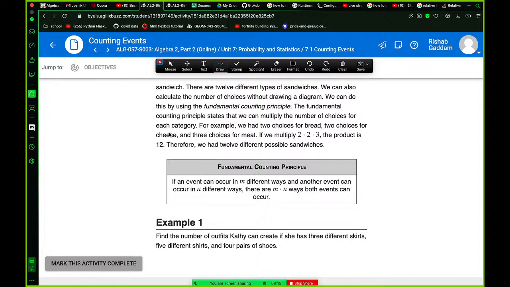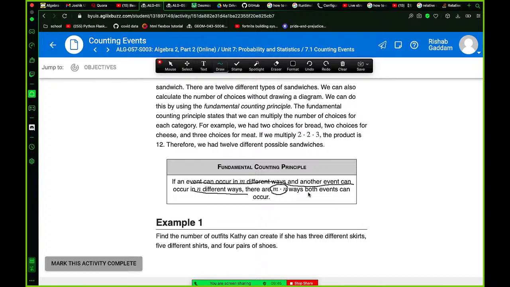So yeah, that's super simple. Everything is super simple about this. And so let's look at what this means.